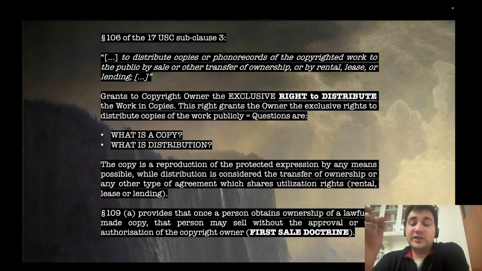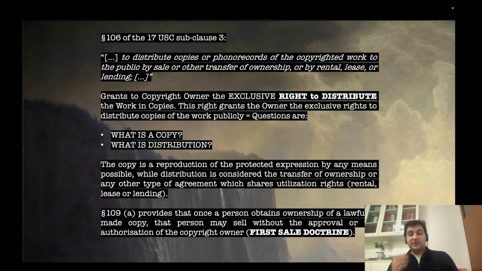Distribution is considered the transfer of ownership or any other type of agreement that shares the utilization rights: rental, lease, or lending.